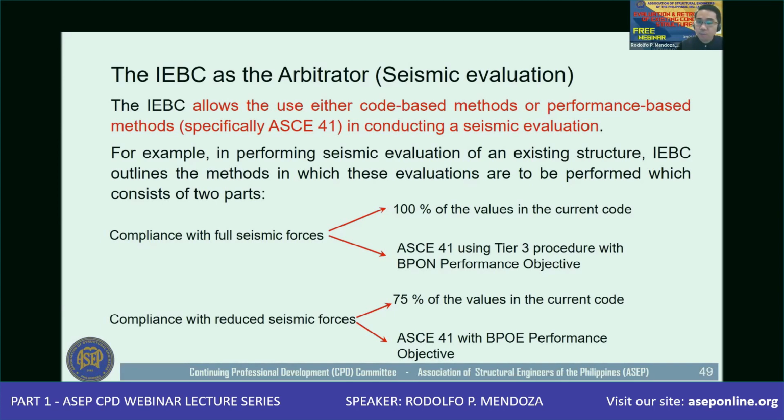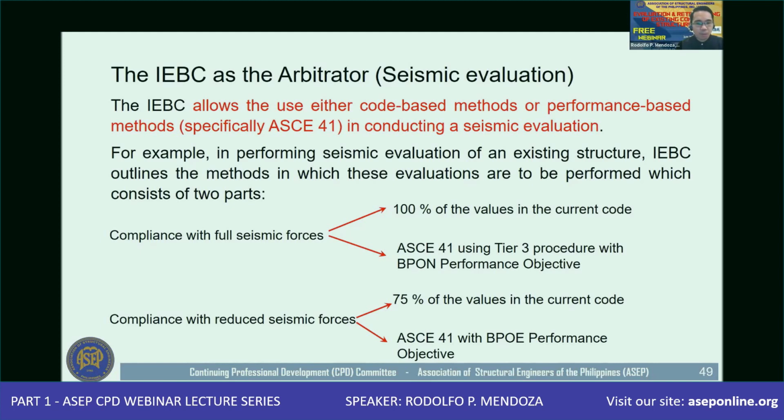And in that case, if you are using a code-based approach, you will use 100% of the seismic forces determined using the current code. Or if you are using a performance-based procedure, you will use the ASCE 41 Tier 3 procedure in conducting an evaluation with a performance objective of BPOM, which is equivalent to a new structure.